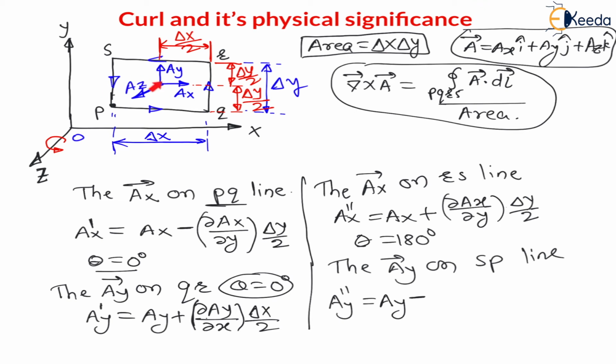It is change along x-axis for Ay, therefore it is dou Ay by dou x into the distance you are traveling. You are going distance del x by 2, therefore it is del x by 2. And what will be the theta?